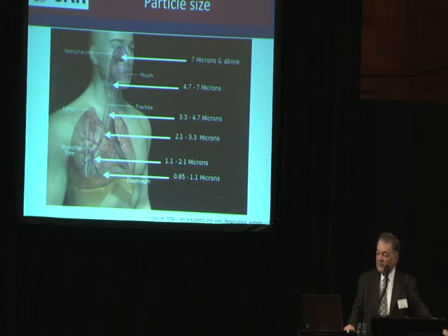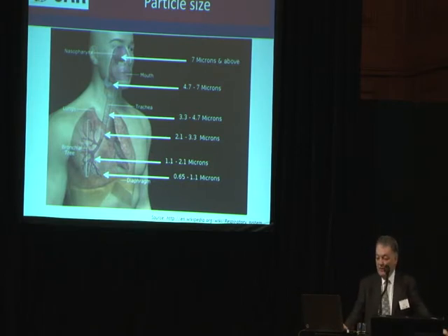But particles smaller than about 10 microns actually get into the lower respiratory tract down here. Here's the windpipe, trachea, and they get down into the windpipe and into the lungs themselves. And the smaller the particles are, the further they go. The airways are like a tree essentially, with the branches getting successively narrower and narrower, and ending in alveoli or air sacs.